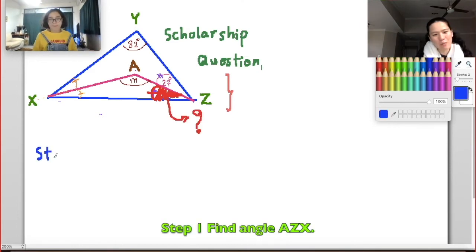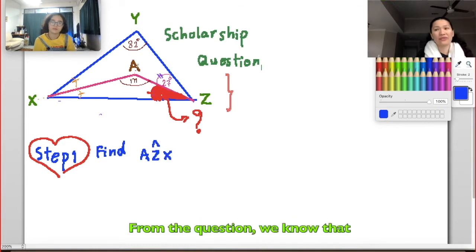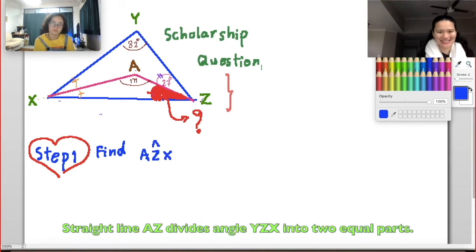Step 1. We want to find this angle. It's named ACX. Angle ACX. From the question, they say that CA divides this angle, so that means it's equal.